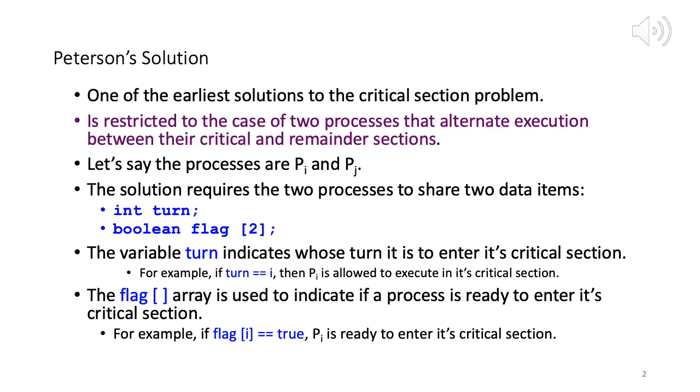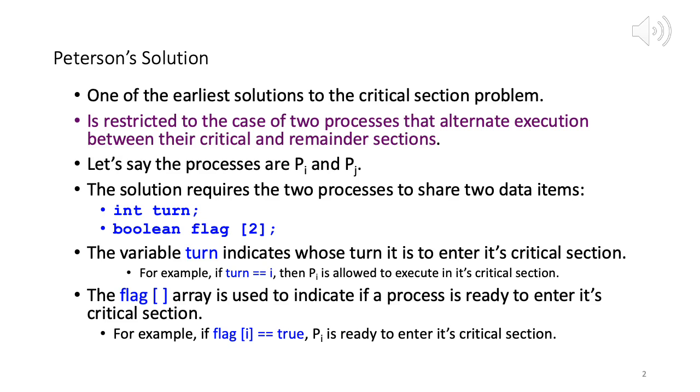Essentially, what is this critical section problem? Just to recap, consider a system of n processes, p0 to pn minus 1. They could also be threads. Each process has a segment of code called a critical section.